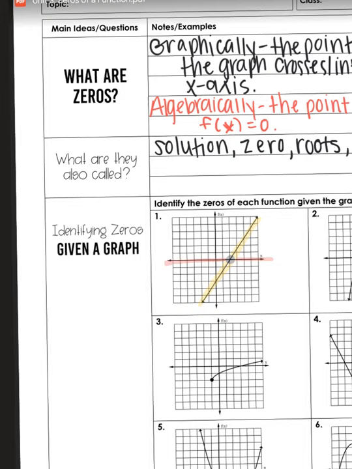So the solution, the 0, the root for number 1 is x equals, and this location is 2 on the x-axis. So just remember, if we're looking at a number line, this was 0, 1, 2, 3, 4, 5, 6, and then going the opposite direction, -1, -2, -3, -4. So we're looking all along the x-axis.